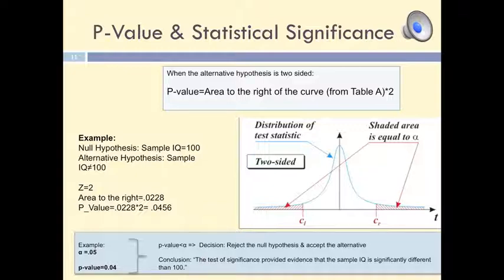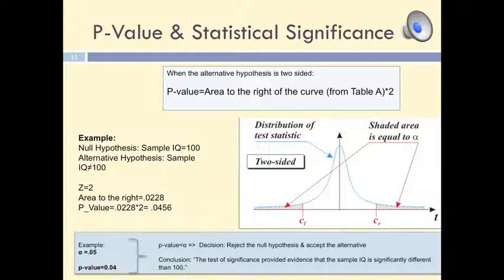However, when the alternative hypothesis is two-sided, the sample mean can be both higher or lower than the given value. So we must look at both extremely low or extremely high values. So alpha is located at both ends of the curve. Half of alpha is located at the higher end, and the other half is located at the lower end.